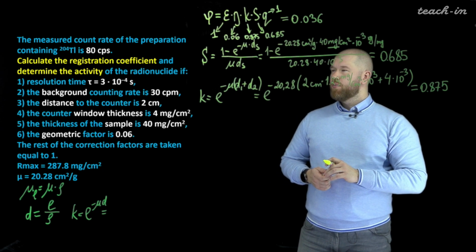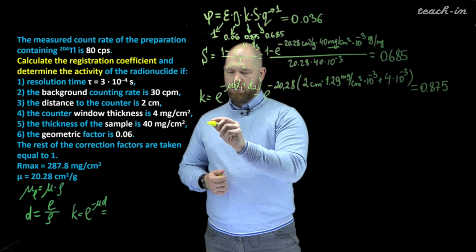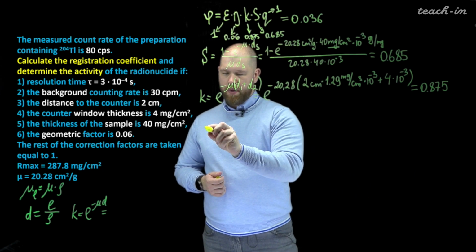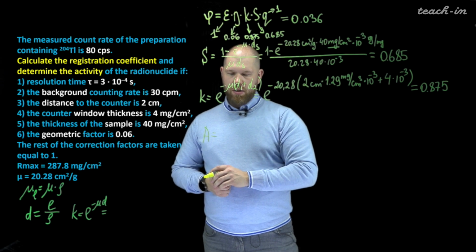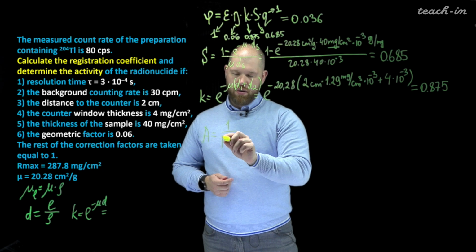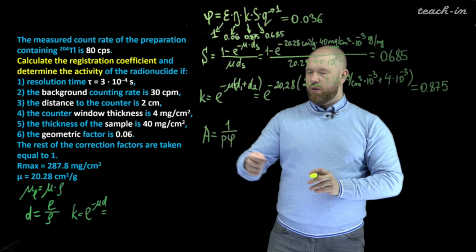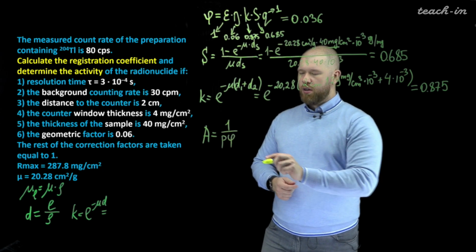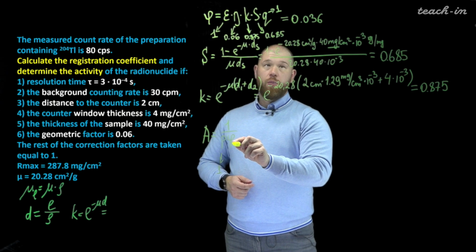And now we will remember this equation, that the absolute activity is 1 divided by the yield of the decay, and for us it will be 1.